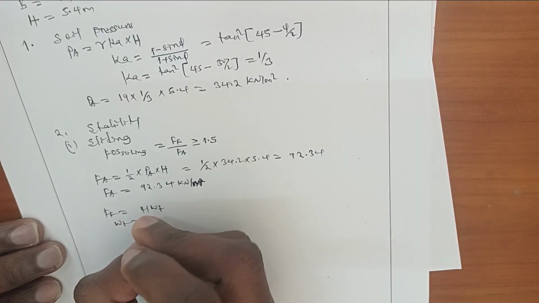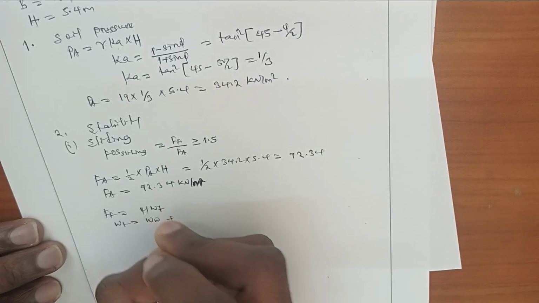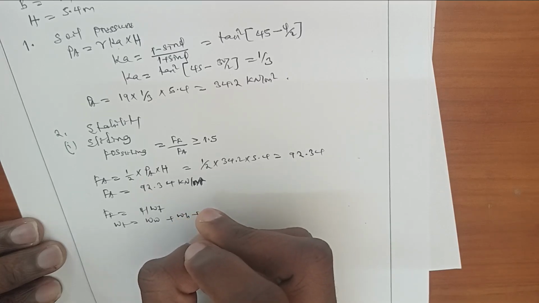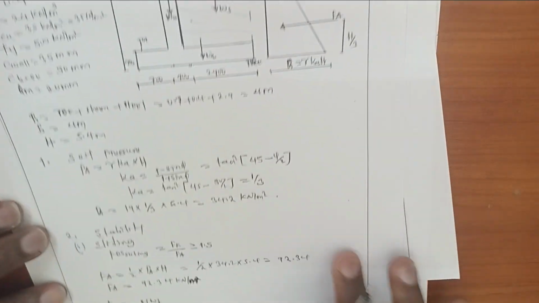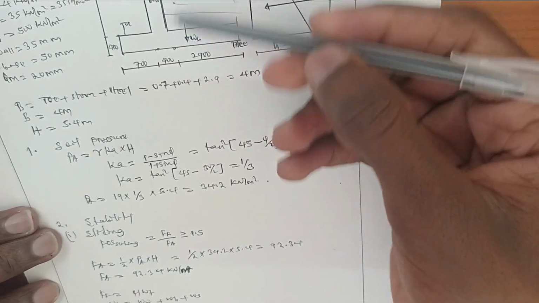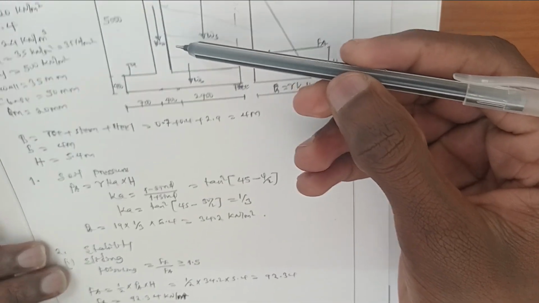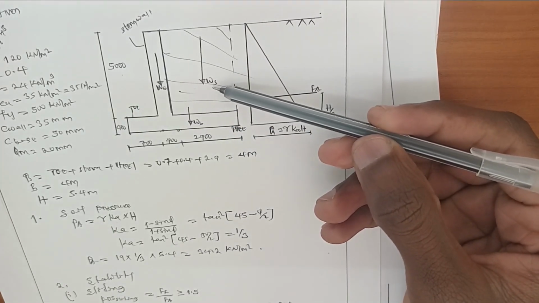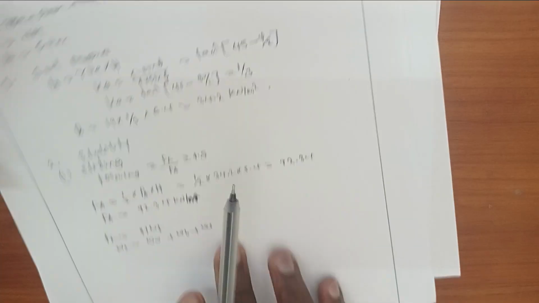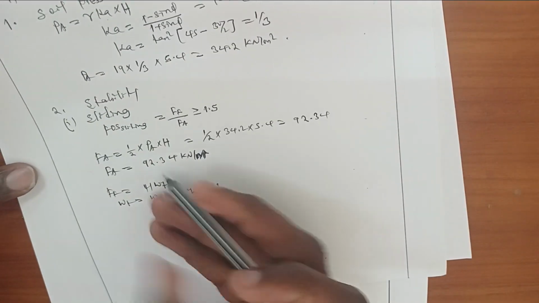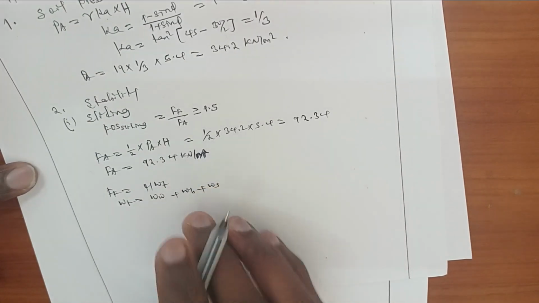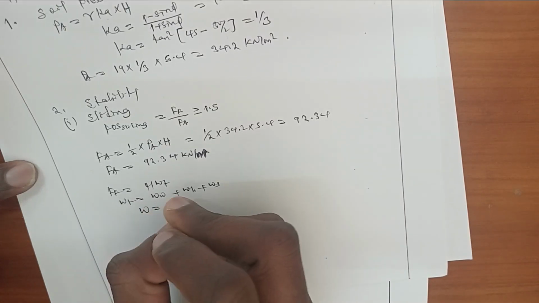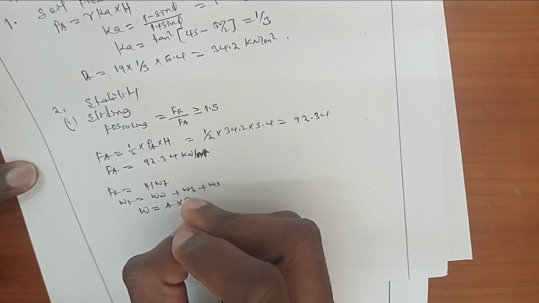By taking the weight of stem plus weight of base plus weight of soil, the weight of soil on the heel slab. Now, how can we determine these weights? The weight is obtained by taking the area times the unit weight.